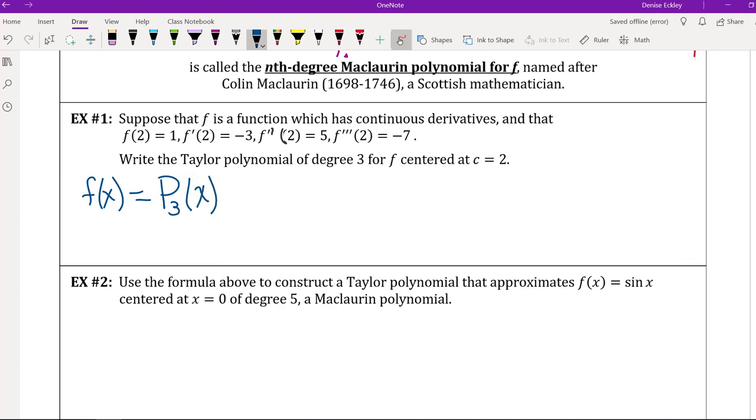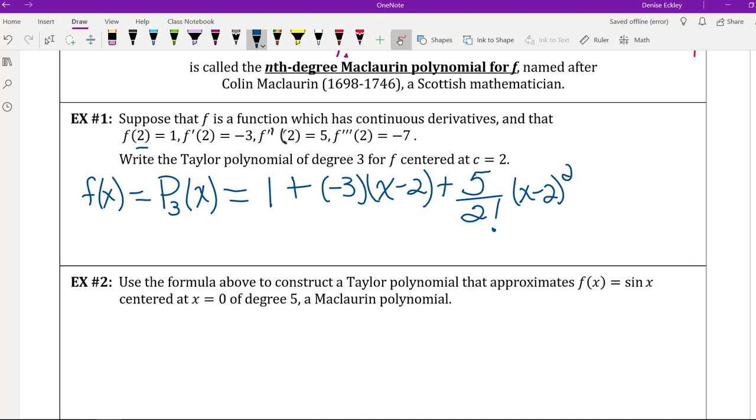It's going to be f of 2, which is 1, plus f prime of 2, which is negative 3, times x minus 2, plus f double prime of 2 over 2 factorial times x minus 2 squared, plus f triple prime of 2 over 3 factorial times x minus 2 cubed.